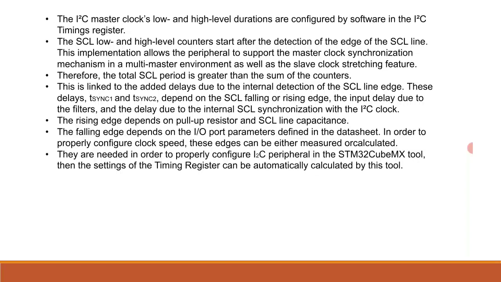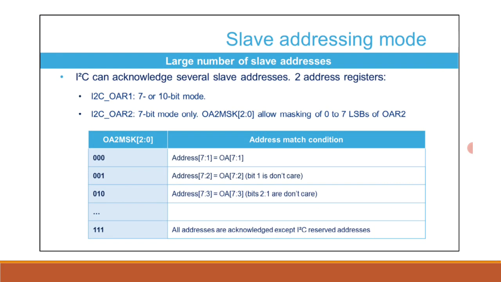So I2C can acknowledge several slave addresses, using two address registers, OAR1 and OAR2. The slave addresses are programmed in two registers.